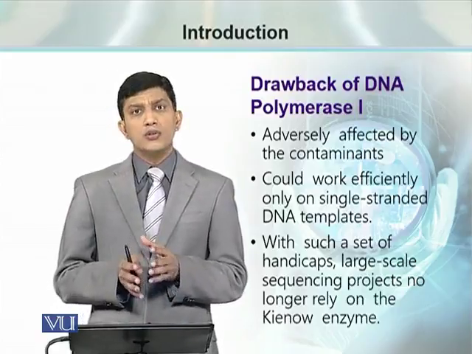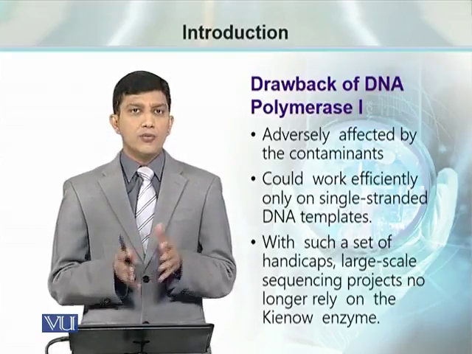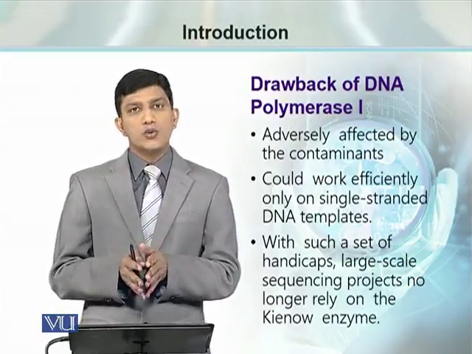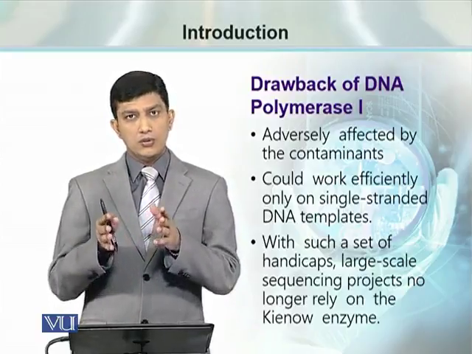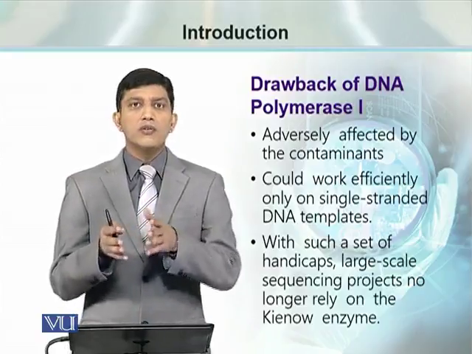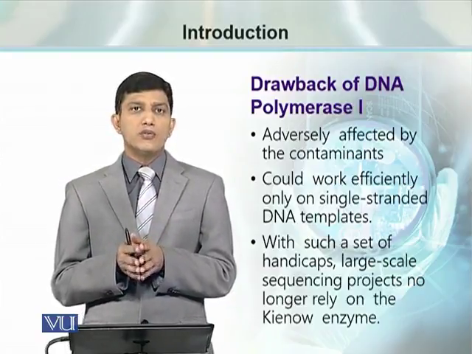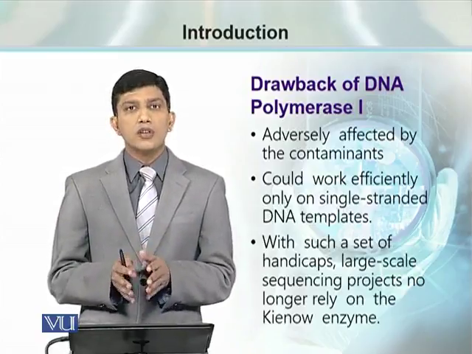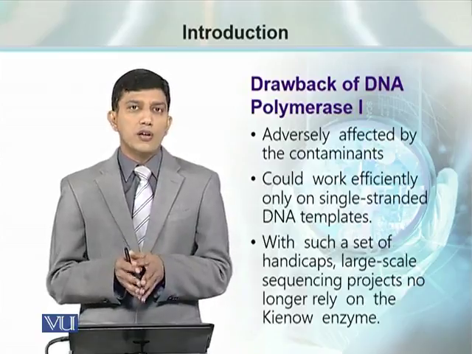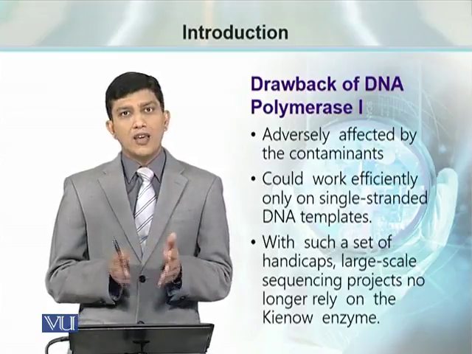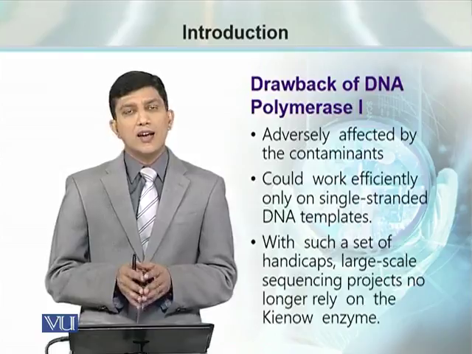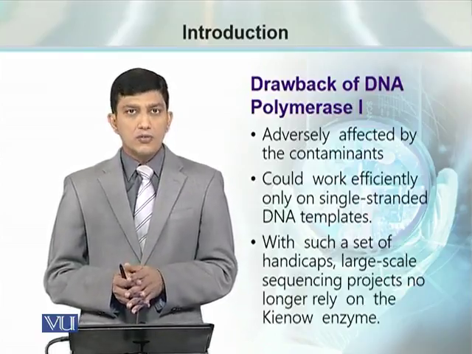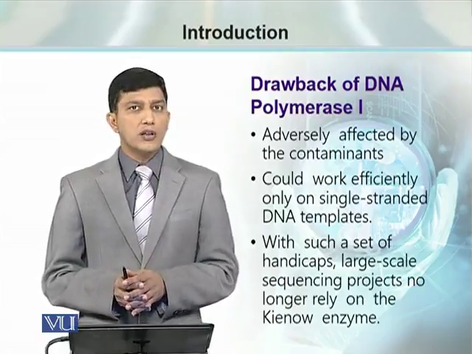So these were those handicapped situations which left the scientists with no other choice, because due to these conditions and barriers, it was difficult to sequence the larger sized fragments of DNA. Therefore, scientists started looking for other enzymes and they came up with Sequenase or Taq DNA polymerase and its variants, which are nowadays successfully being used in sequencing reactions.